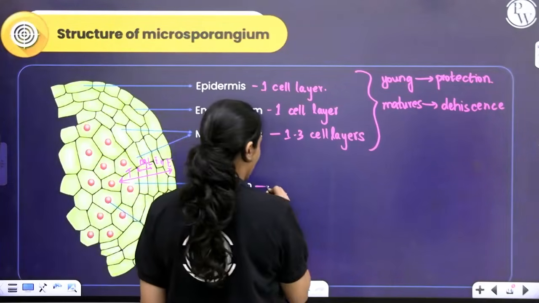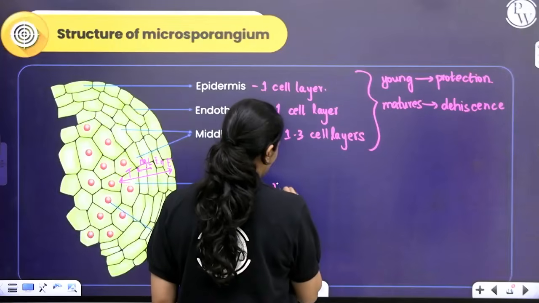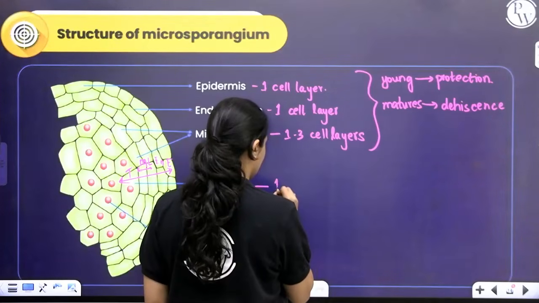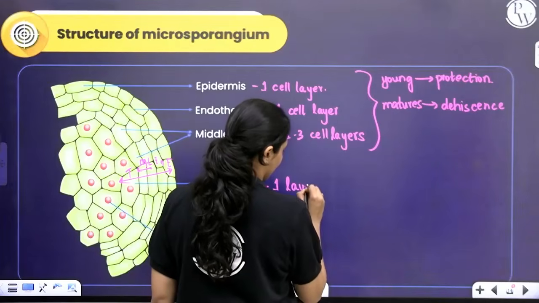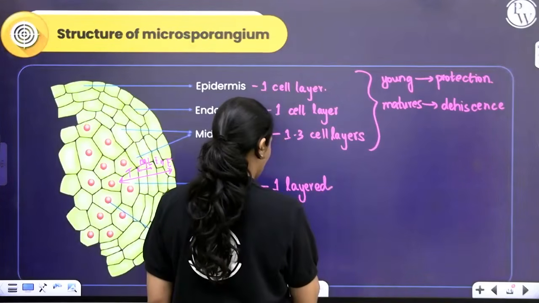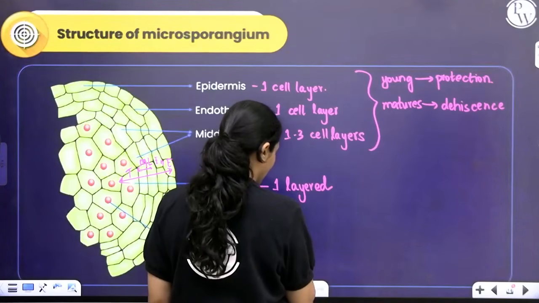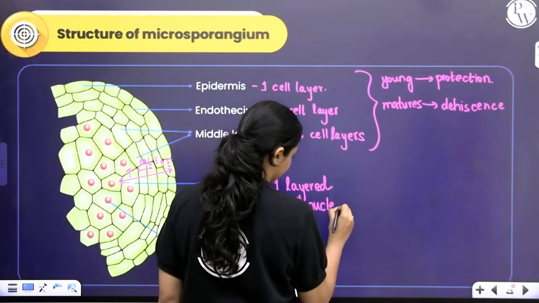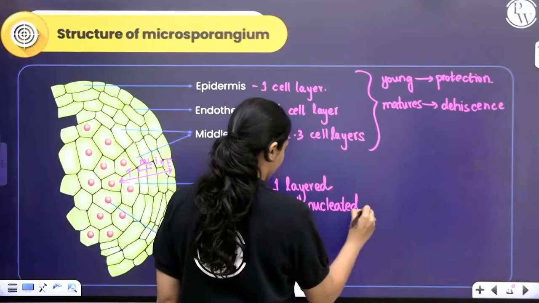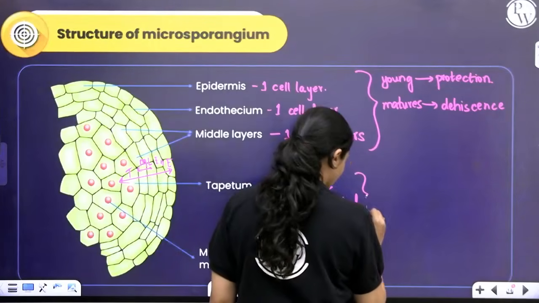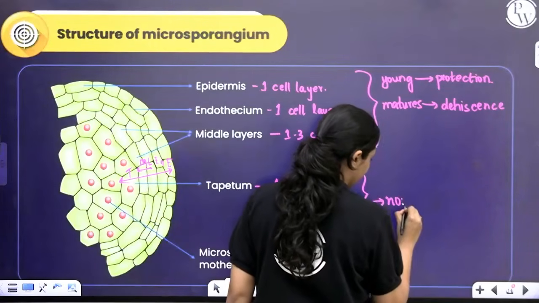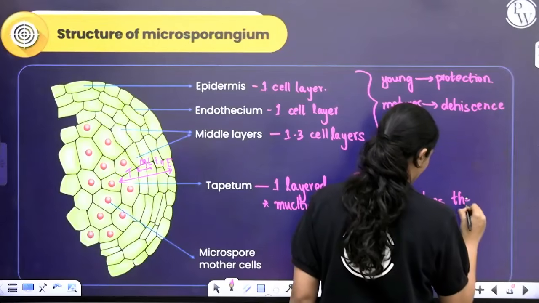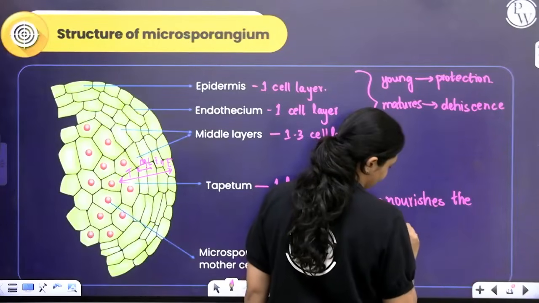Tapetum is not protective in function. This also generally is single layered. Here you can find multinucleate cells. So this basically nourishes the developing microspores.